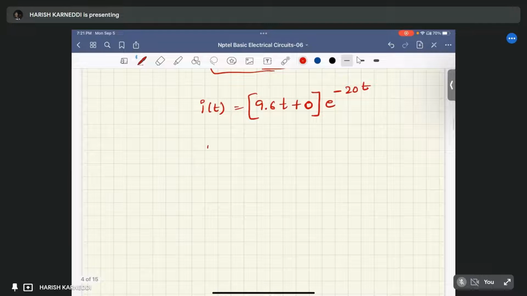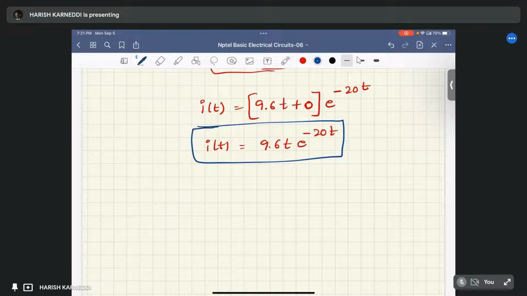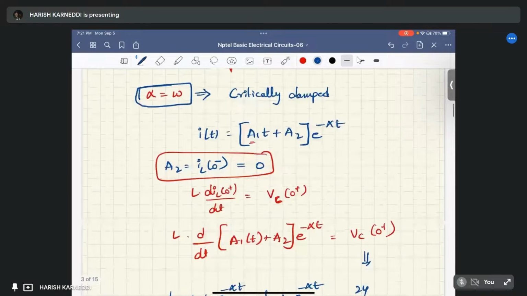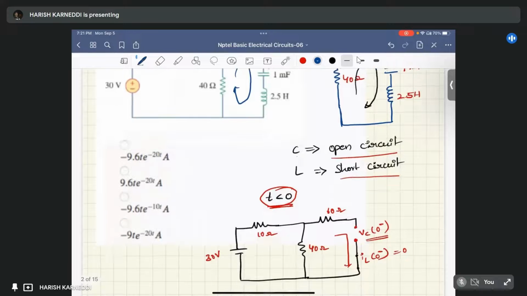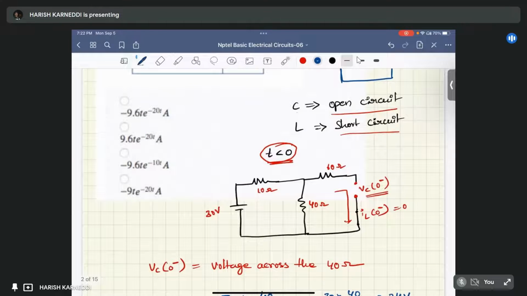So you can write I of t equal to 9.6 t into e power minus 20t.